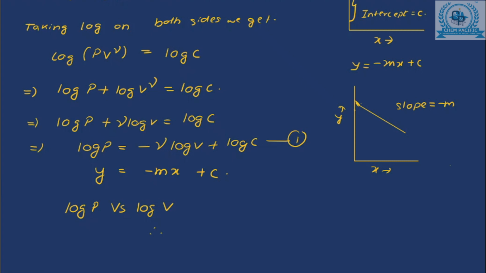Therefore, comparing equation 1 with this straight line, the slope, which is equal to minus m in equation 2, is equal to minus gamma. So the answer is, the slope is minus gamma. This is a very interesting problem. Now let us move on to the next question.